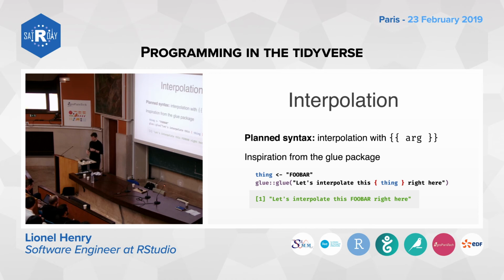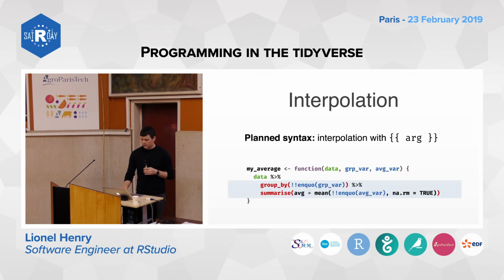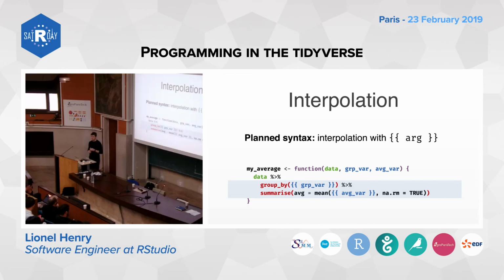And you use the curly operator to interpolate the strings from other pieces. And so it would look like this. So that's our function from before. And we can replace two concepts that are a bit difficult to learn for newcomers, quoting and unquoting, with this single concept of interpolation.